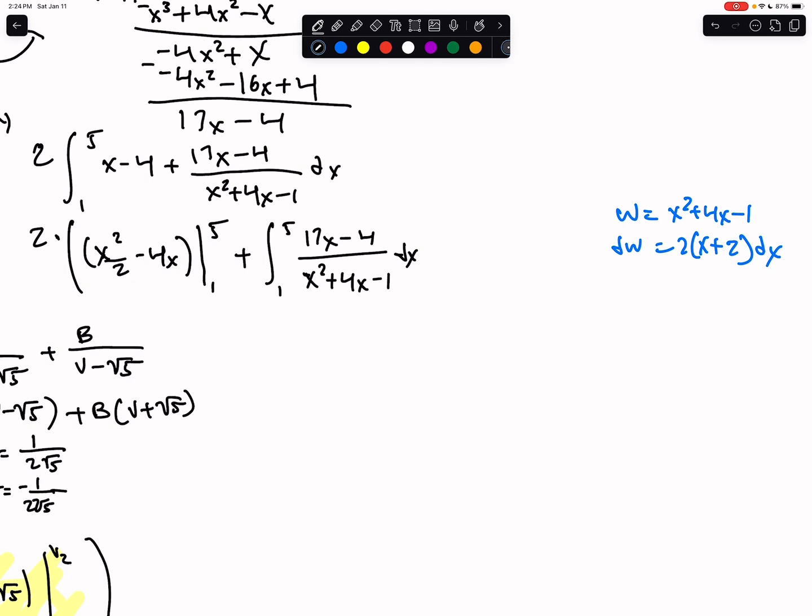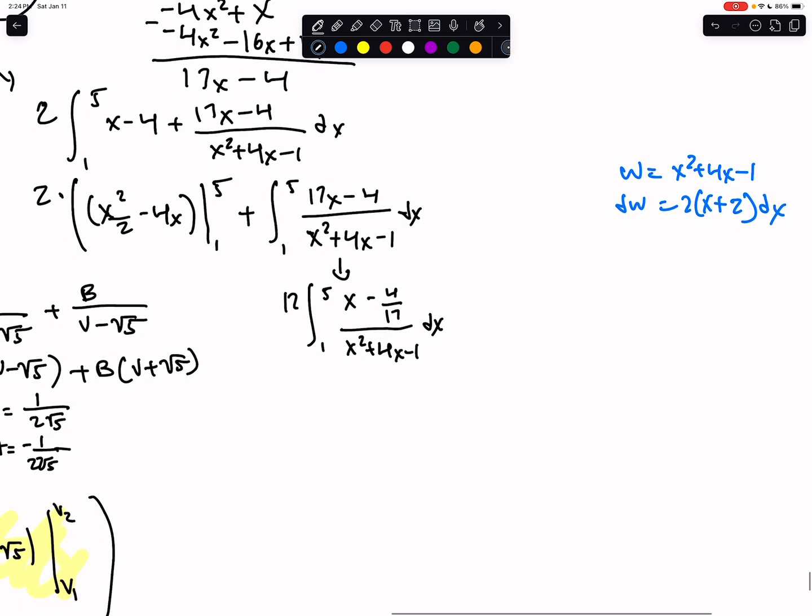So what I'm going to do here is factor out a 17. So I'm going to factor it out like 17, 1 to 5 of x minus 4 over 17 over this denominator here. Right. And then now I'm going to do the plus 2 minus 2.